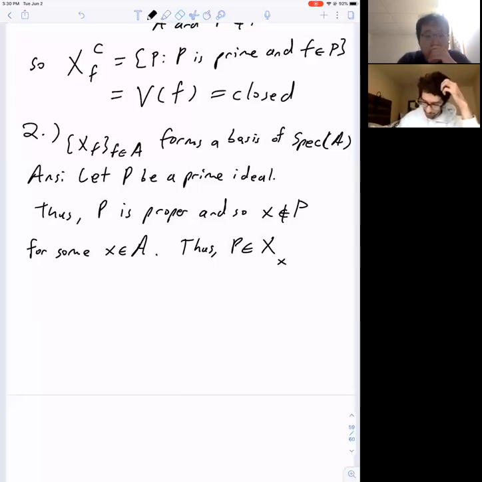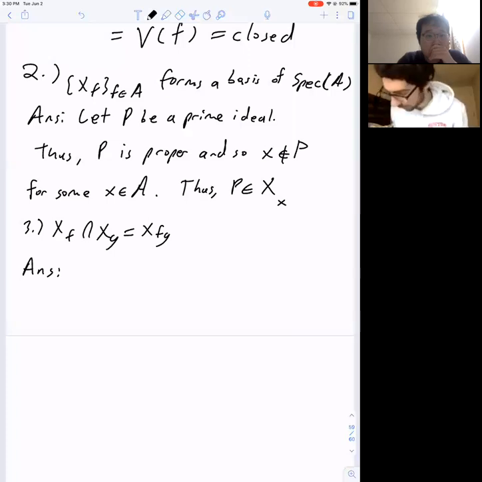So let's answer the third question. Why is the intersection of X sub f and X sub g equal to X sub fg?